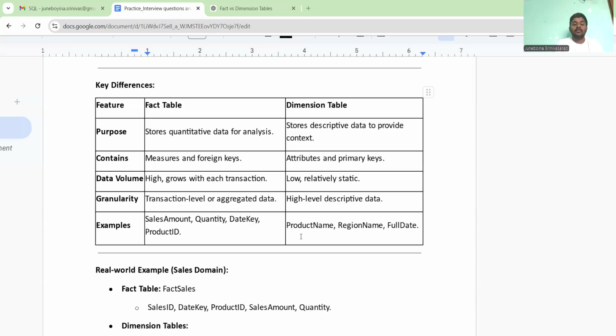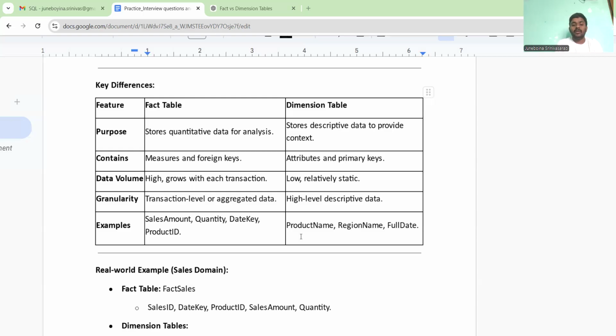The features are purpose, contains data, granularity, examples. Fact table. The fact table purpose is to store quantitative data for analysis. Dimension table. The purpose of the dimension table is to store descriptive data to provide context.